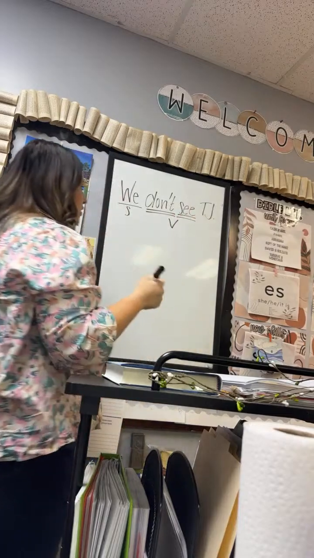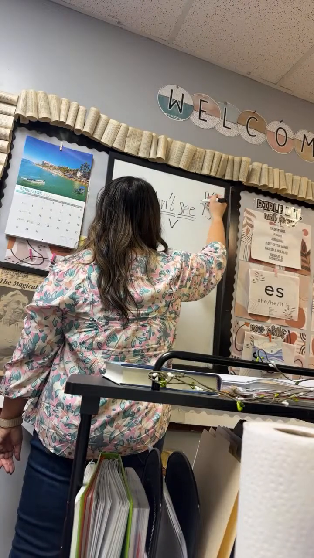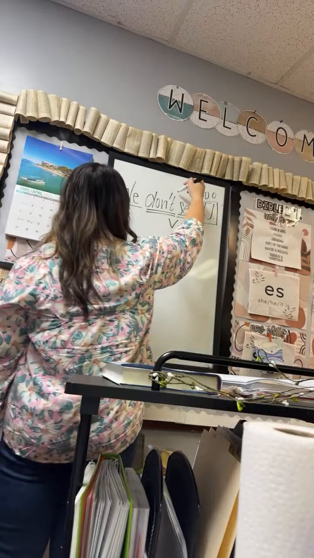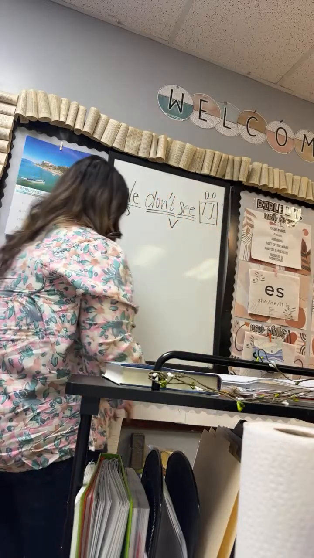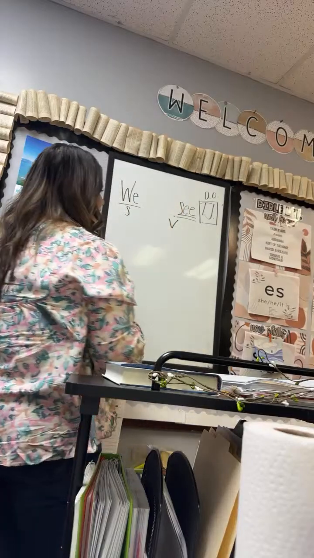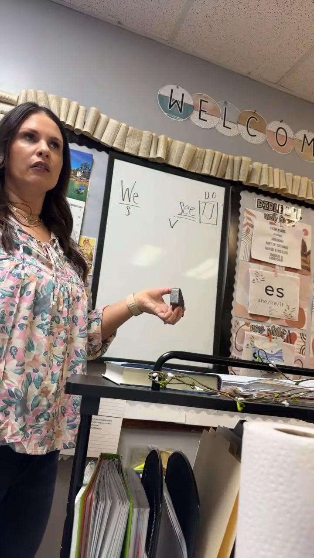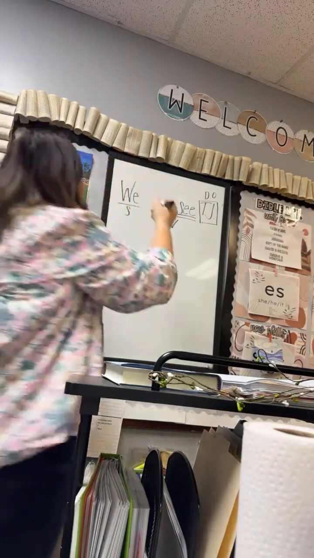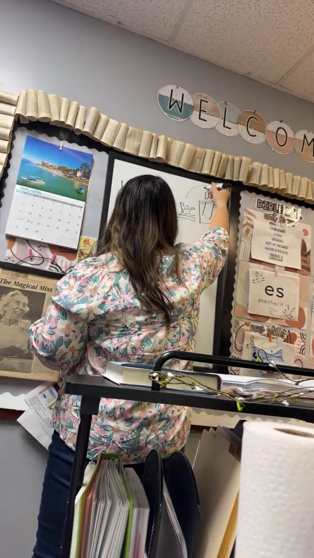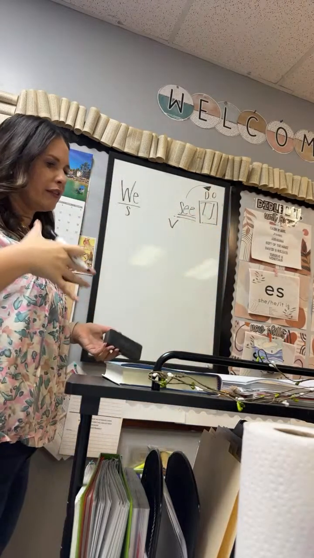And then TJ is the direct object because that is what is or is not receiving the action. Let's pretend like don't wasn't in there, because I just made that more complicated. Let's say we see TJ. So what are we seeing or whom are we seeing? TJ. Okay, so that receives the action of the verb, and that's called a direct object, something that's directly receiving the action of the verb.